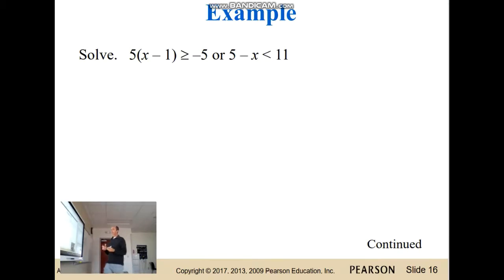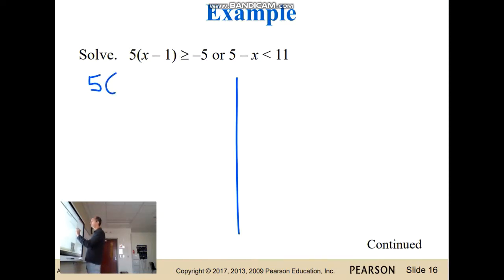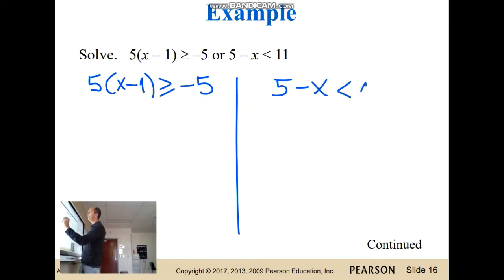And what you're going to do, that's a split, the same thing we've done before, split in 2 screens, and we have here 5 times x minus 1 greater or equal to negative 5. On the other side, 5 minus x less than 11.